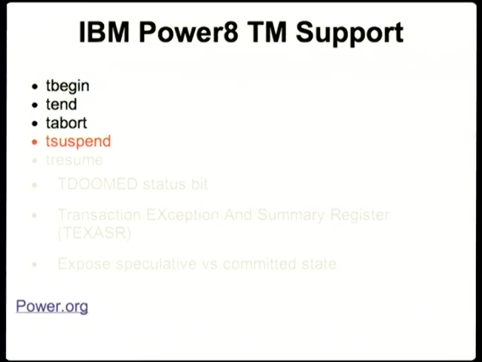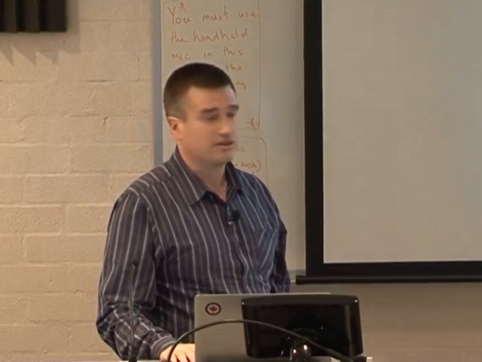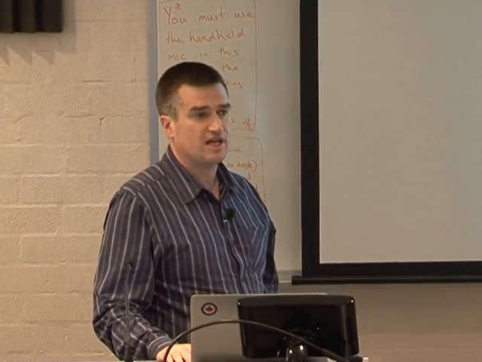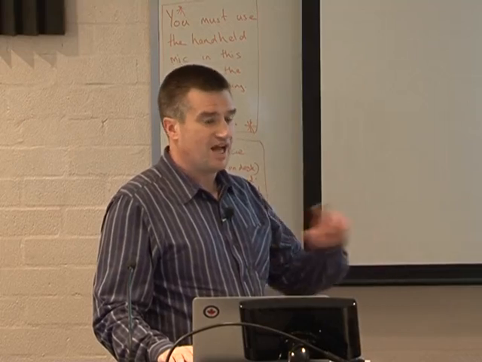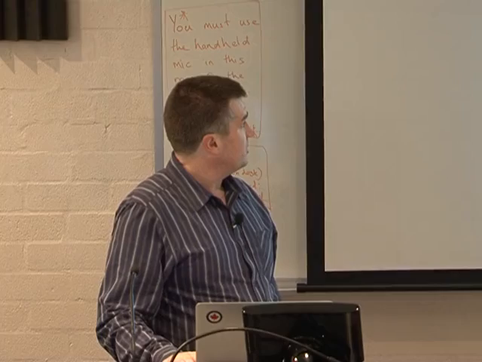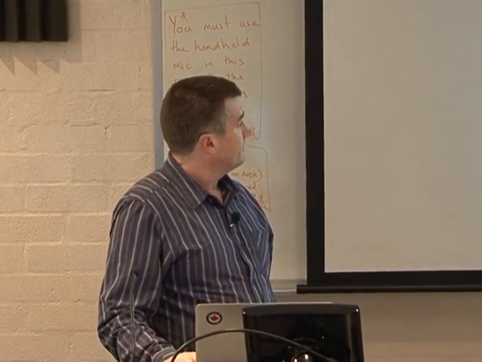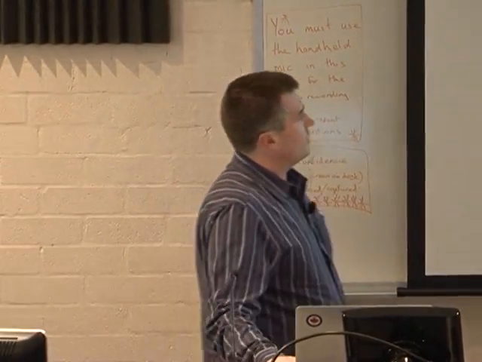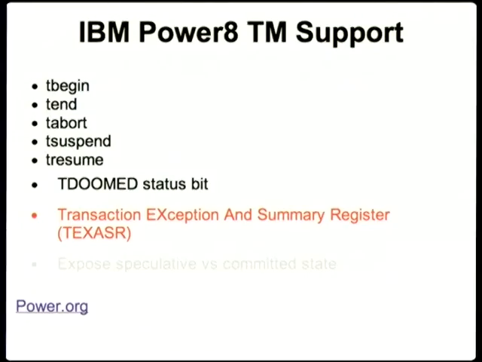So now I can start building things like debugger support or kernel support that squirrels away both the committed and the speculative state of the registers. That'll be interesting. Ever since they introduced the EIEIO instruction into PowerPC, they've enjoyed their little jokes. So they've added a tdoomed status bit, which says I happen to know this transaction is not going to commit. And then because everything's done in Austin, Texas, they have the transaction exception and status register. Anyway.